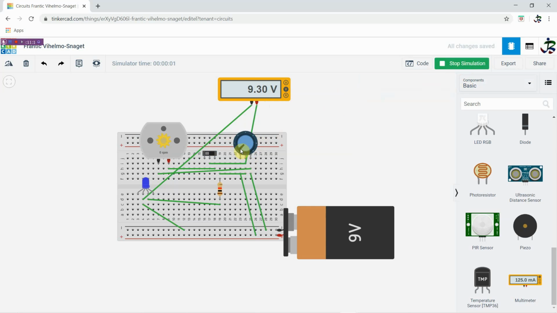You can find out how much voltage this variable resistor, or potentiometer, is giving as output. As you increase or decrease, the voltage at the middle terminal decreases or increases this way. The power coming out from the middle terminal is increasing or decreasing this way. So this is how you can learn how to use the multimeter.